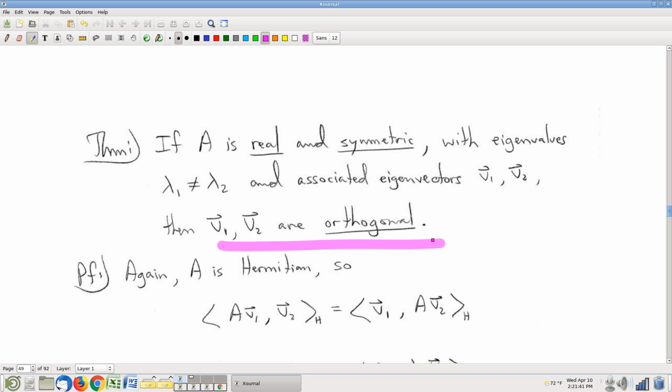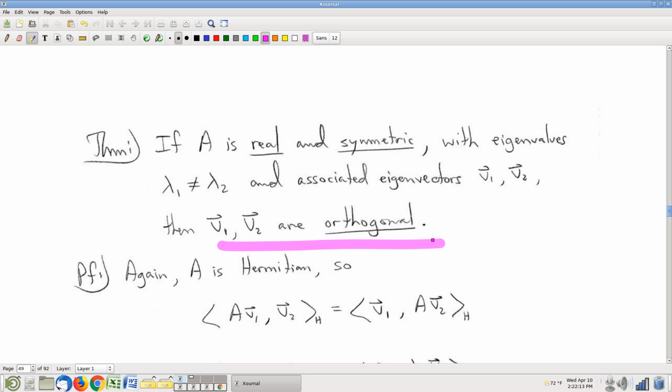I say this is weird because we've seen so many instances where this punchline didn't happen. We've computed loads of eigenvectors. Go back and look at the matrices that we wrote down. Look at the resulting eigenvectors corresponding to different eigenvalues, and see if they're orthogonal. They're mostly not. So really? They're going to be orthogonal every time just because the matrix is real and symmetric? It's really a surprising result.